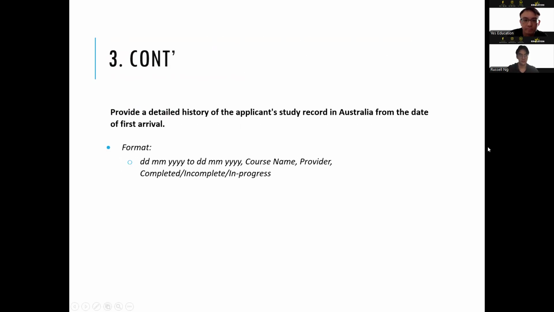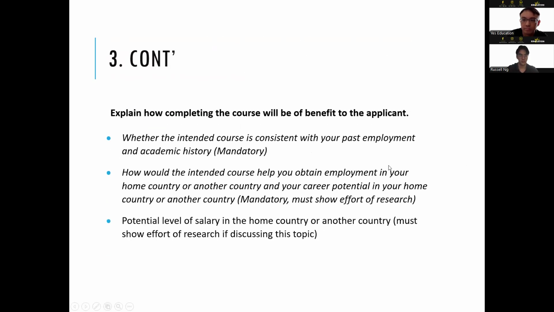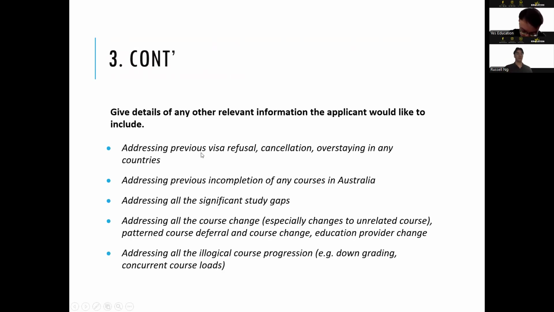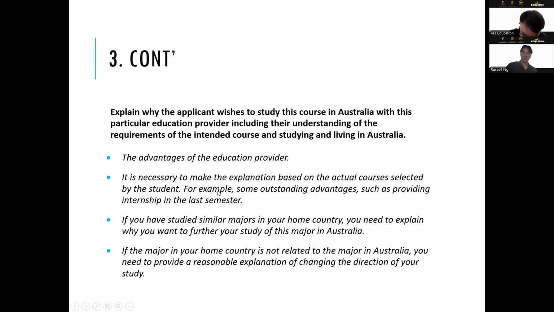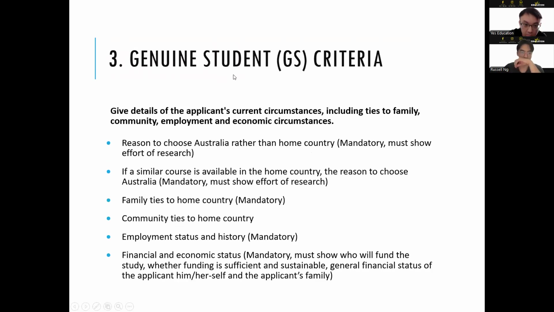We will hand you guys these PowerPoint slides, and you can take notes on these, especially these blue bullet points under the GS criteria. And these blue points are the ones I have summarized. So basically, each blue point may represent a refusal letter I've encountered in the past. Every student, you may encounter a visa officer that wants to be picky on you.